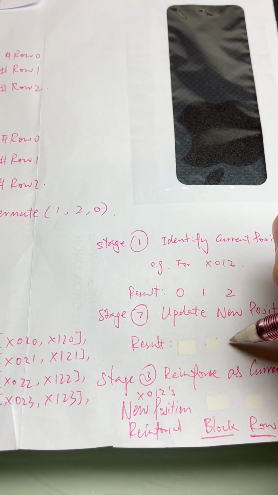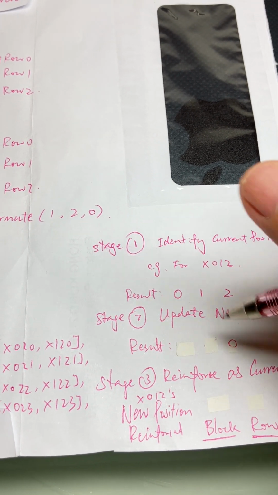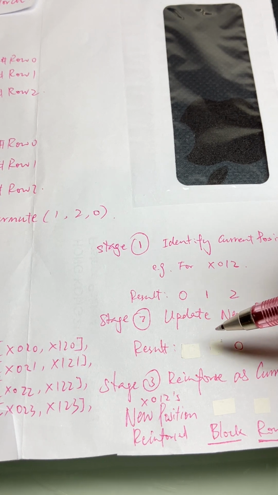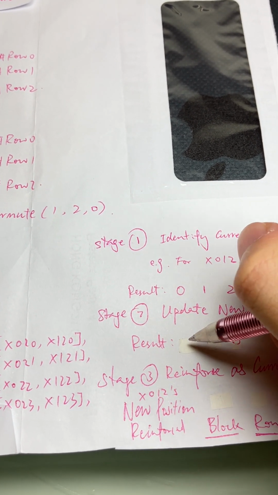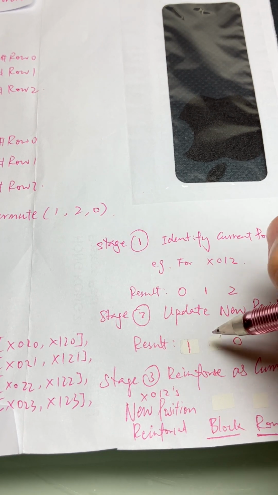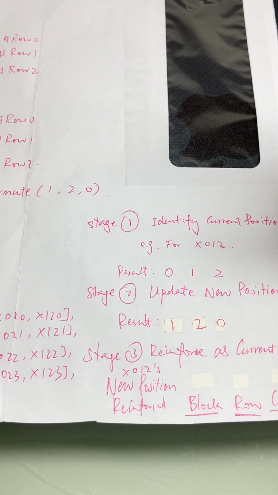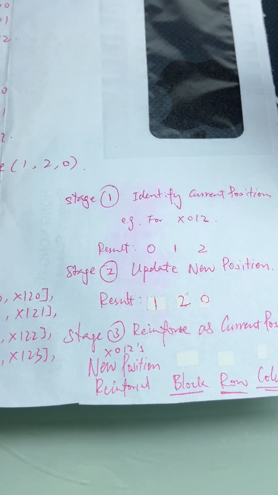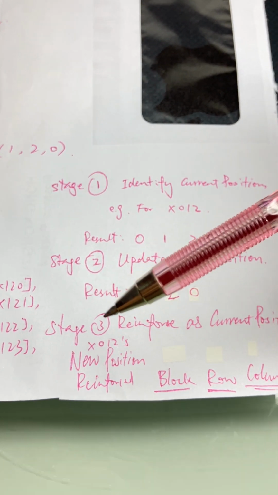So we put a 0 here, and then this 1 and 2 will be shifted to the left by 1, right? So the 1 will become here, and the 2 will become here. This is the result for the second stage. Okay, so we can move on to the third stage safely.